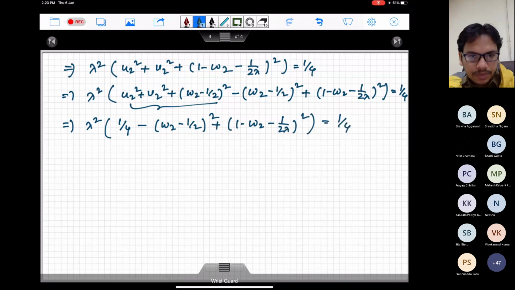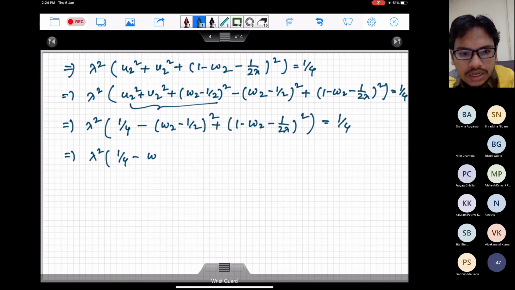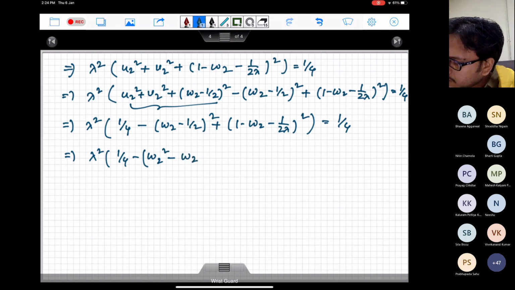Okay, great. Now let me simplify this. Lambda square times 1 over 4 minus, should I write it explicitly? Okay, let me write it: omega 2 square minus omega 2 plus 1 over 4.